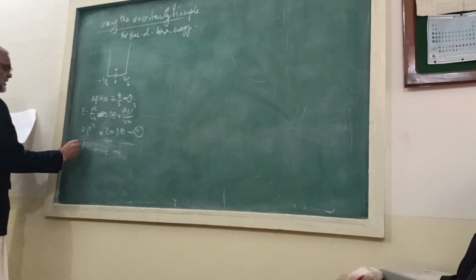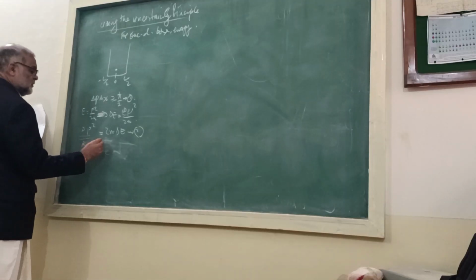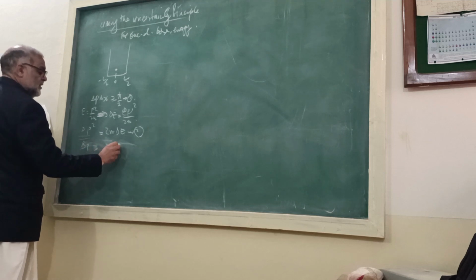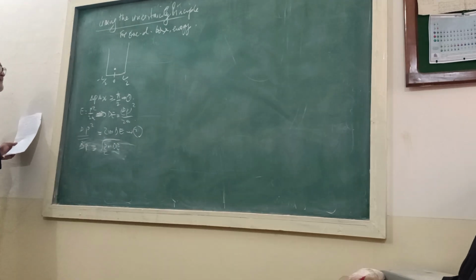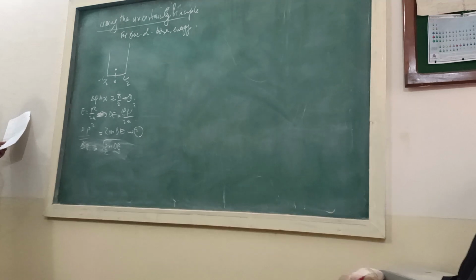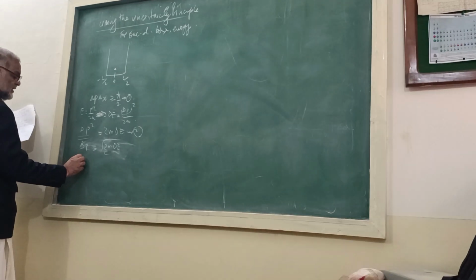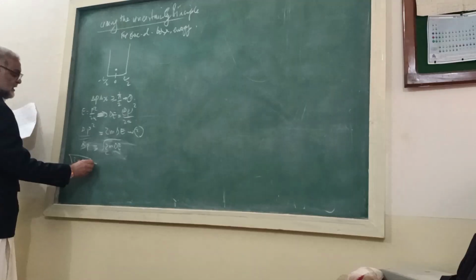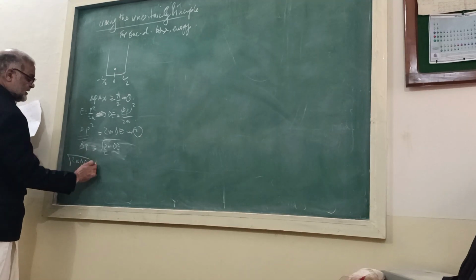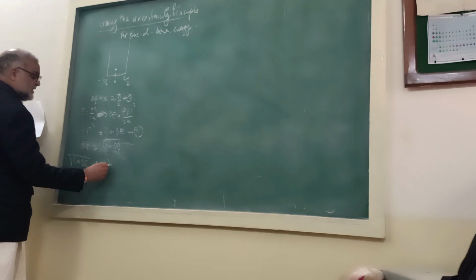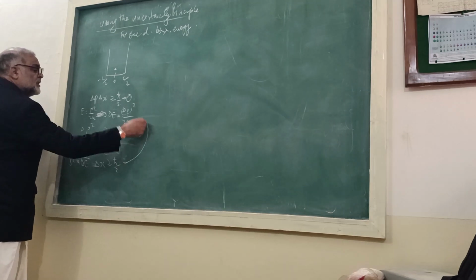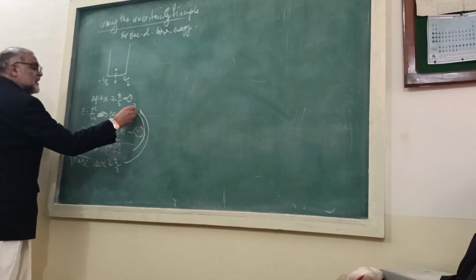Delta P is equal to the square root of 2m delta E, and delta x is greater than or equal to h cut over 2.